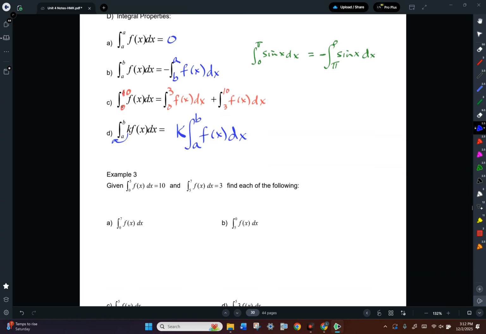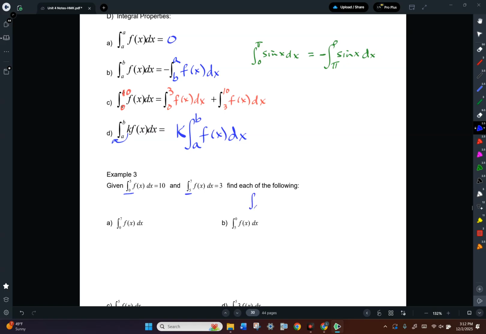And you will see, maybe as a multiple choice, a basic example like this. It says, I'm given the integral from 0 to 5 and also the integral from 5 to 7. Well, I can tell you right now, see how this interval is right next to this interval? So I'm going to write the addition problem.